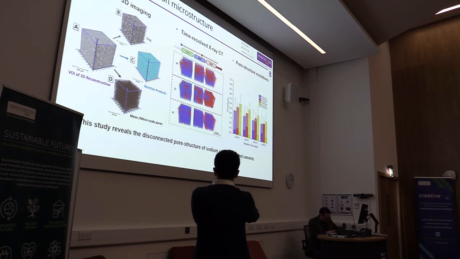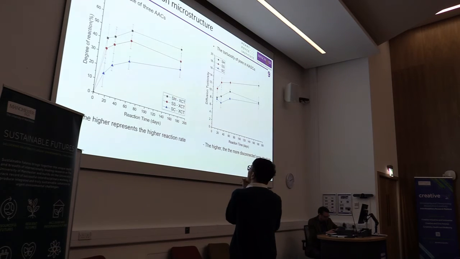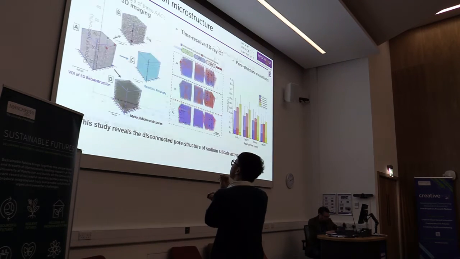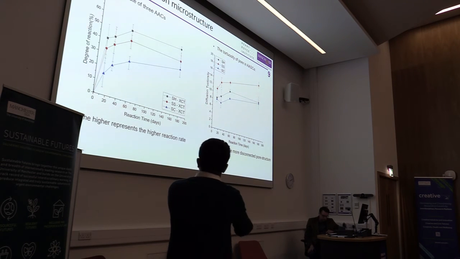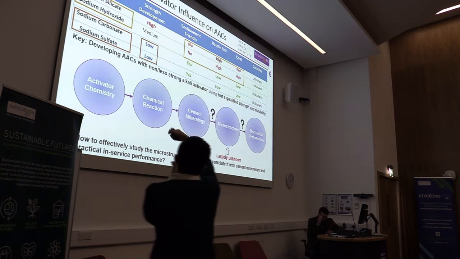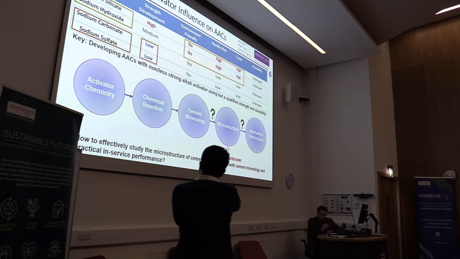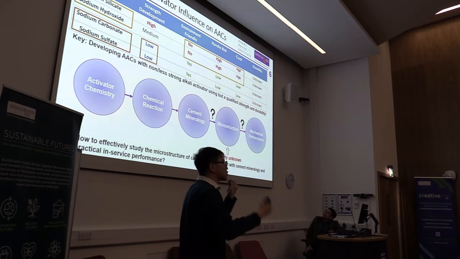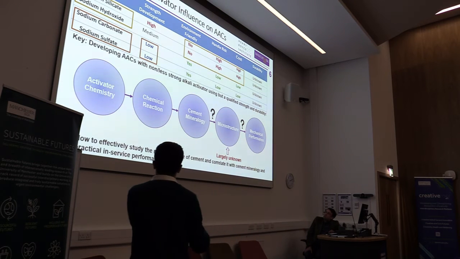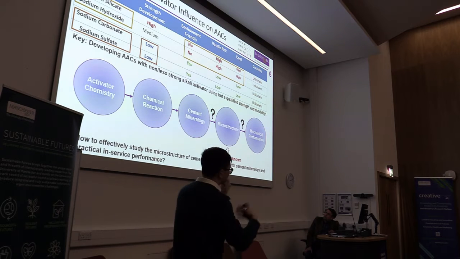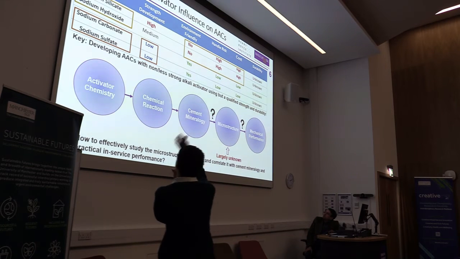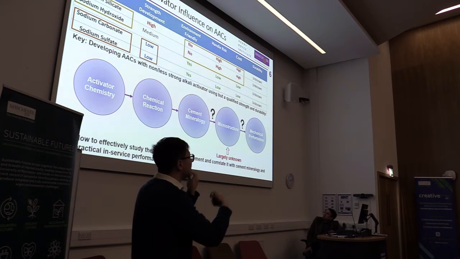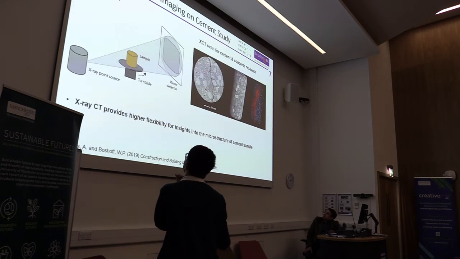So by this research, I answered a question I was curious about: why sodium silicate and sodium hydroxide are both strong alkaline activators, but with sodium hydroxide the strength development is slower than with sodium silicate, even though the alkalinity of the sodium hydroxide is higher than the sodium silicate. This is a long-term question in this area.